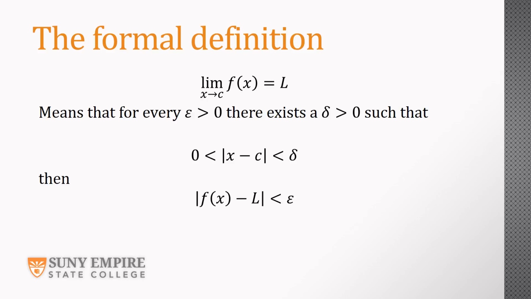If we have some small value epsilon, there exists a value delta such that if the absolute value of the difference of x and c is between 0 and delta, then the absolute value of the difference between f of x and L is somewhere between 0 and epsilon.